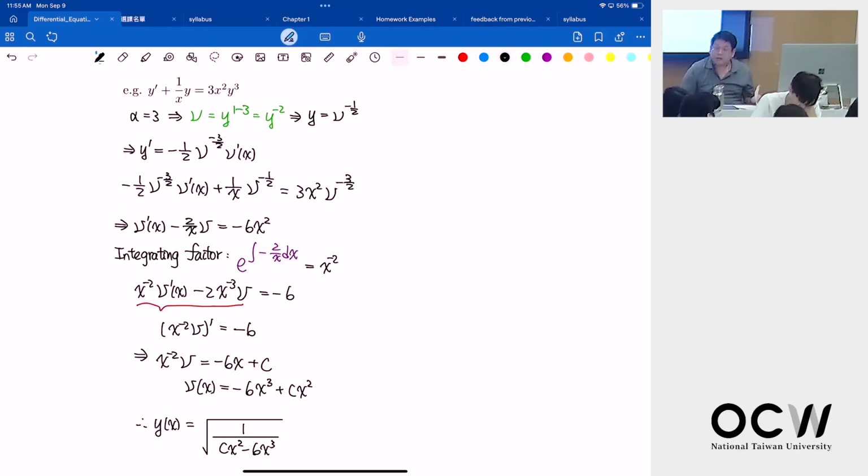Okay, so here is the example for the Bernoulli equation. Once you change the variables, you can get the equation to be linear. Remember that for the homogeneous equation, I also use changing variables to get the equation separable.